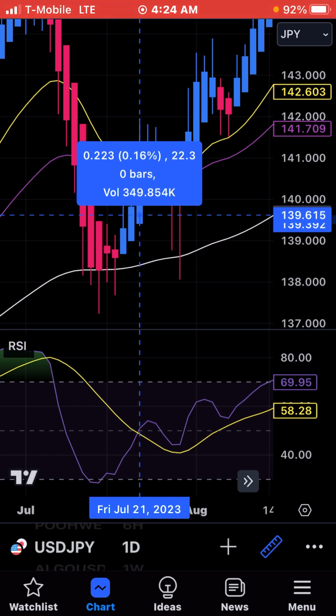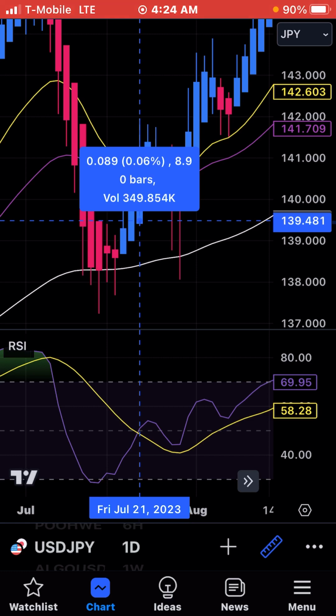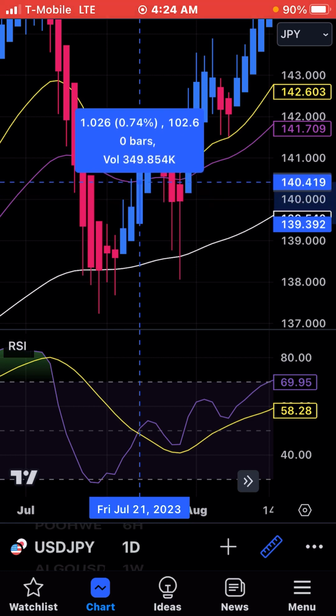Anything from 100 to 200 pips in a trade is a pretty good number. If you want to average 100 pips a day, say 700 pips a week, I wouldn't do that all in one trade. I would wait it out, but 700 pips a week is a pretty good average in my opinion.